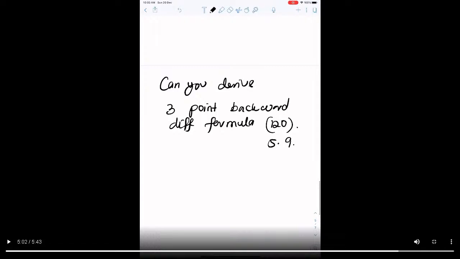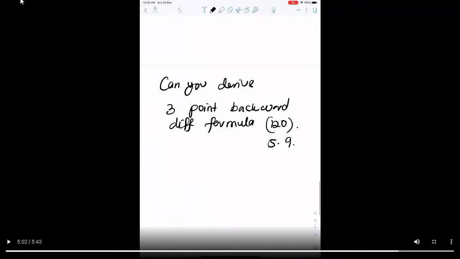I just want you to express formula 5.9, the 3-point backward difference formula, using f(x), f(x - h) and f(x - 2h). The book has already written it there.